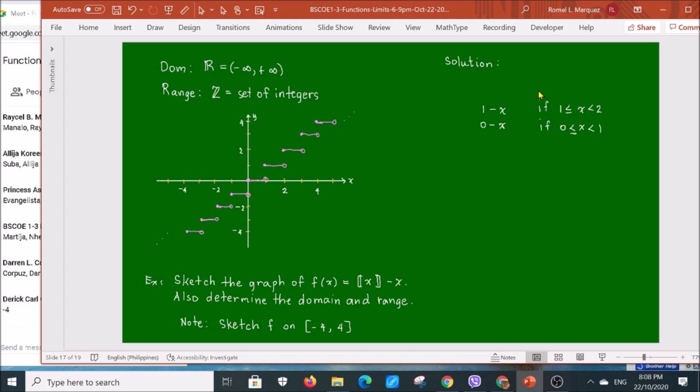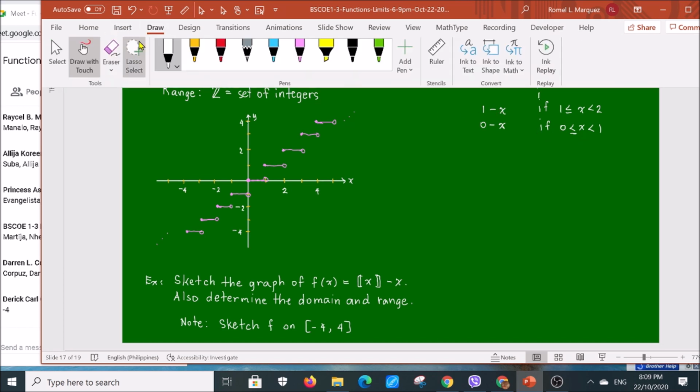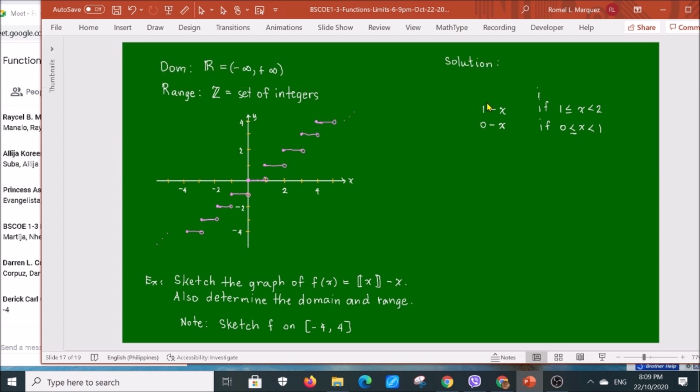I think we have another one. Kailangan natin hanggang 4, no? I should have written it down. Let me copy this. Para tayo, decreasing. Ito sa ilalim ko lalagay. Para pababa. Tama ba?